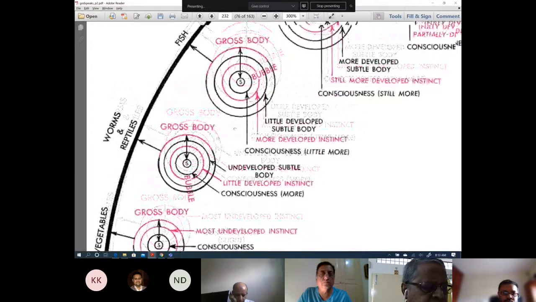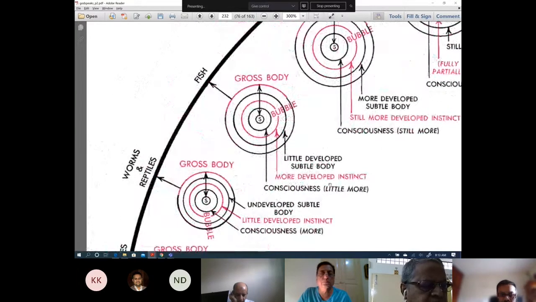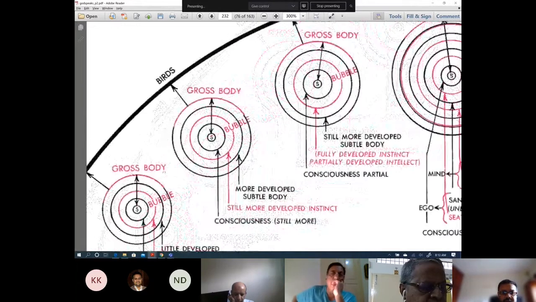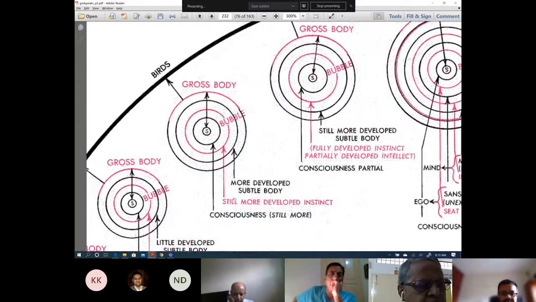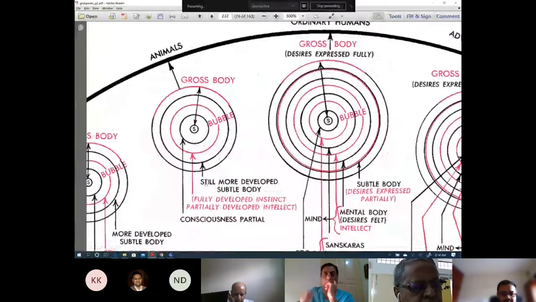From there, you go to the fish, which has more developed instinct, little developed subtle body, little more than what it was in the worm, and consciousness keeps increasing. From there, you go to the birds, more developed subtle body, still more developed instinct, and consciousness, of course, increases. Animals, still more developed subtle body, fully developed instinct.